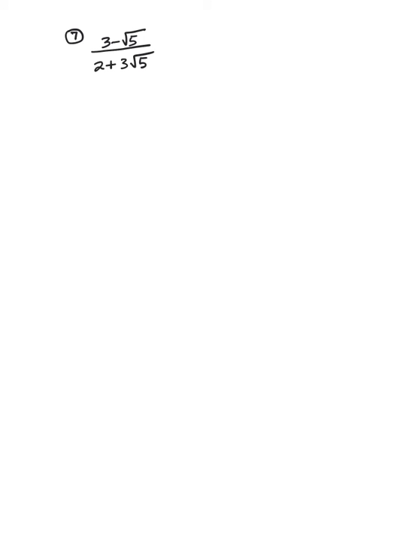Okay, that's one. And one for an extra challenge is this one: 1 over 1 plus root 3 minus radical 5. Here, we notice that the denominator has 3 terms. Okay, try these, think about them, and replay the video so we could go over it.